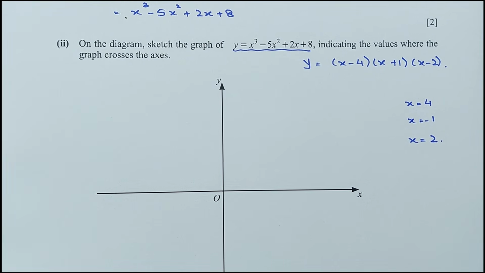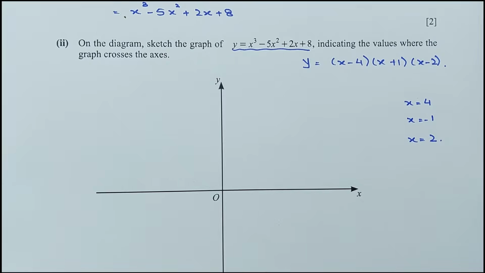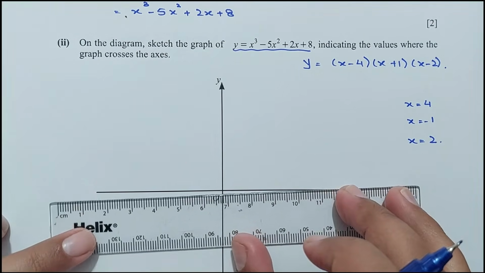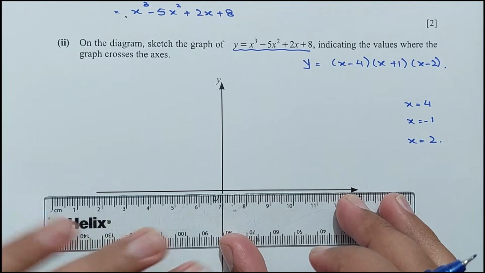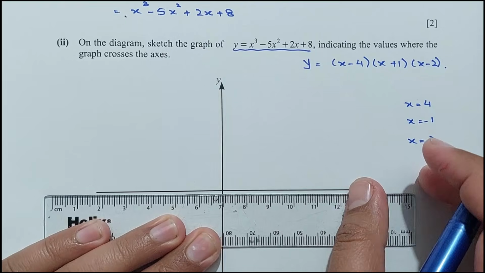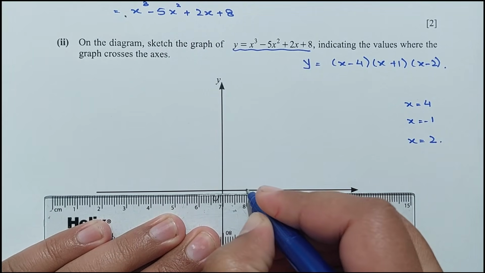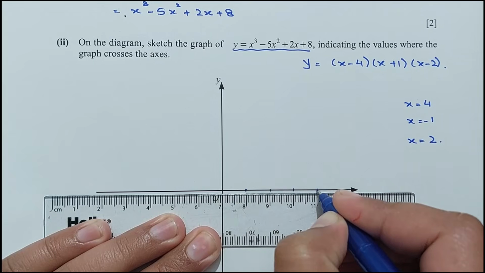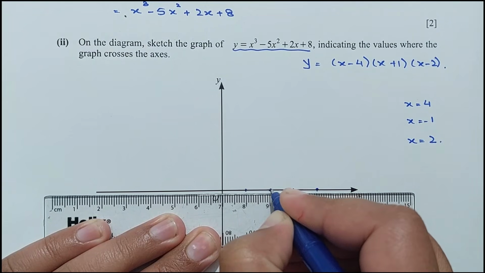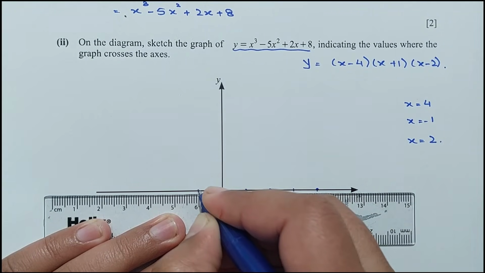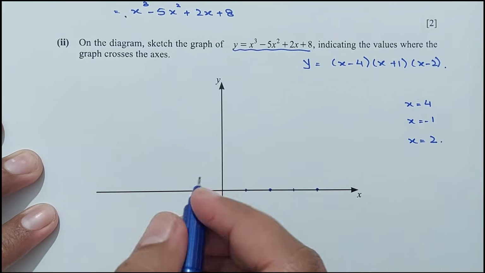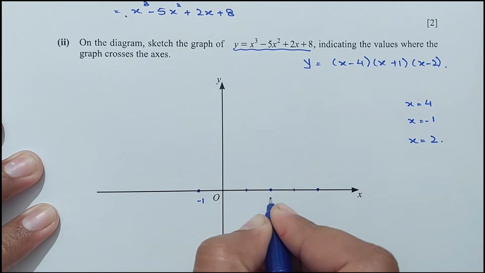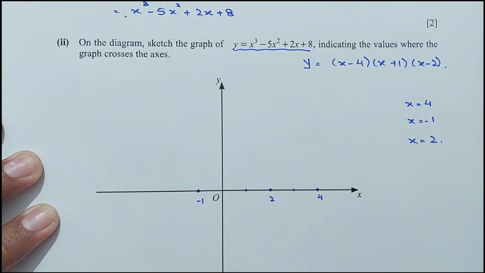Let me label the x-intercepts first. Now you have to take this as 1, 2, 3, 4. The x-intercept is 4 and the x-intercept is 2, and this should be negative 1. Right. This is negative 1, this is 2, and this is 4, right?